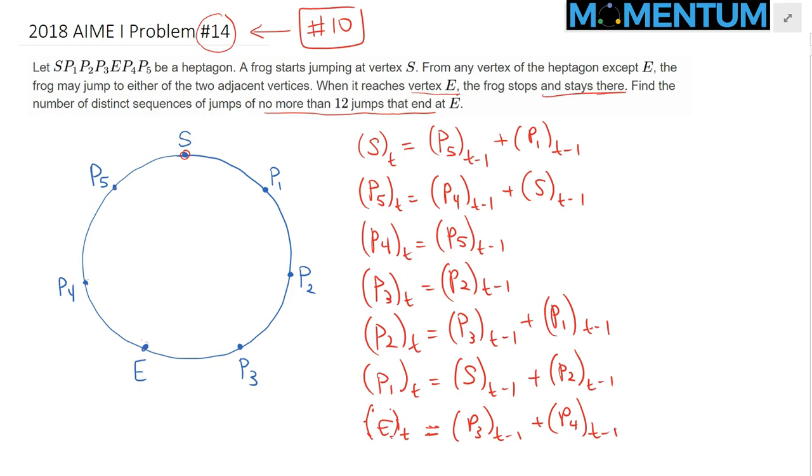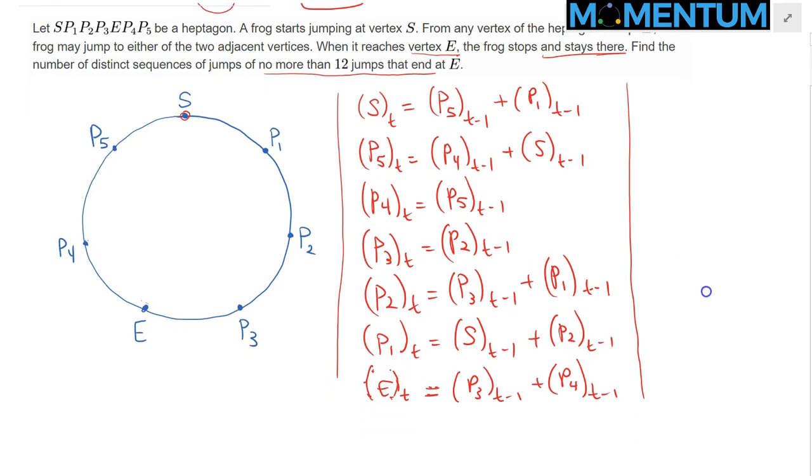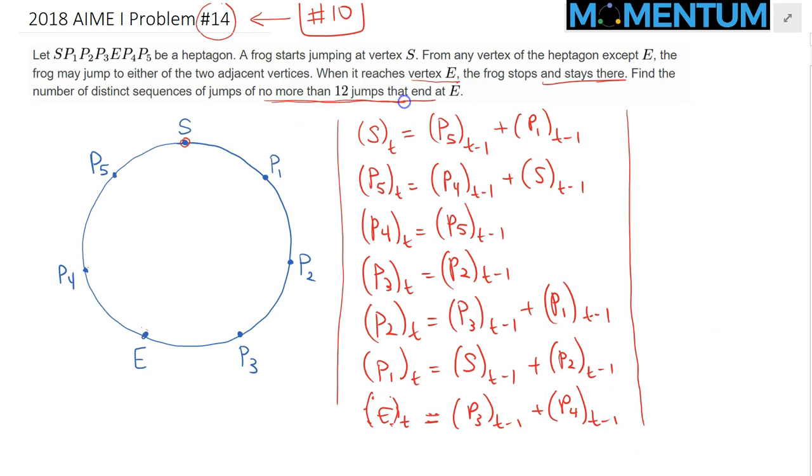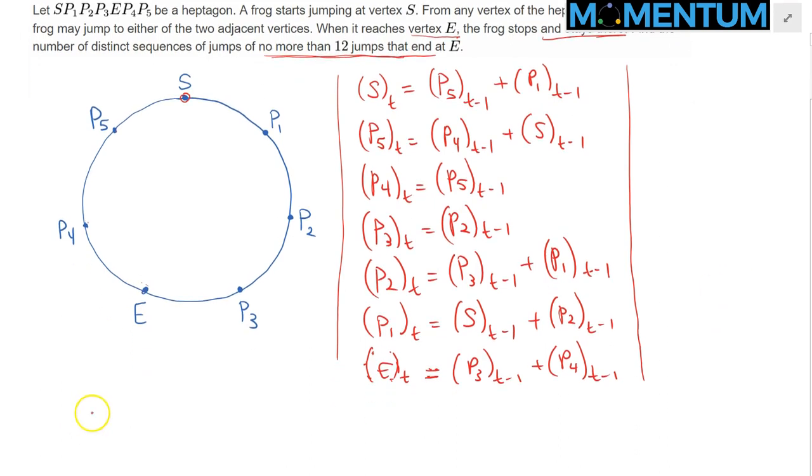Now that we have our recursion formulas, all we need to do is progressively solve it to get E. Because the question says in no more than 12 jumps, what we need is E in one step, and so on. In the 0th step you can't be there, so let's call it E1, E2, plus all the way up to, we need the sum through E12.